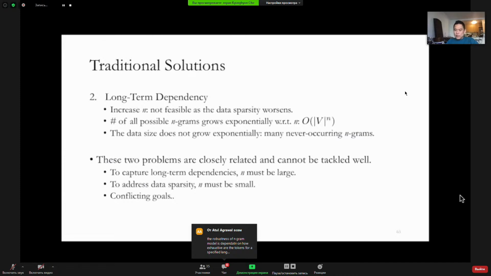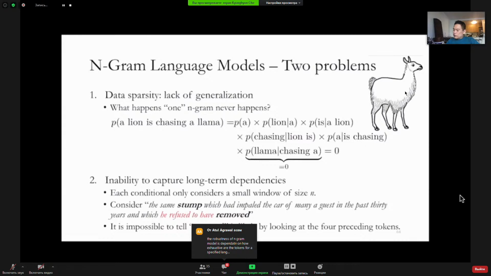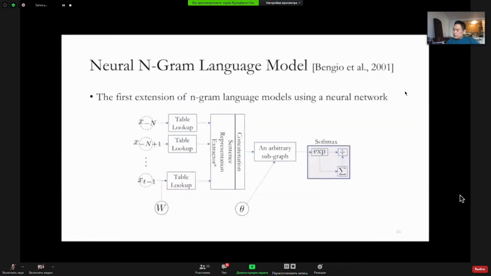So let's try to tackle one problem at a time. The first problem we're going to tackle is generalization. We talked about how the lack of generalization is an issue with data sparsity. Why is that? How did you know that chasing a llama, which is an n-gram that you've never heard of before, is likely?